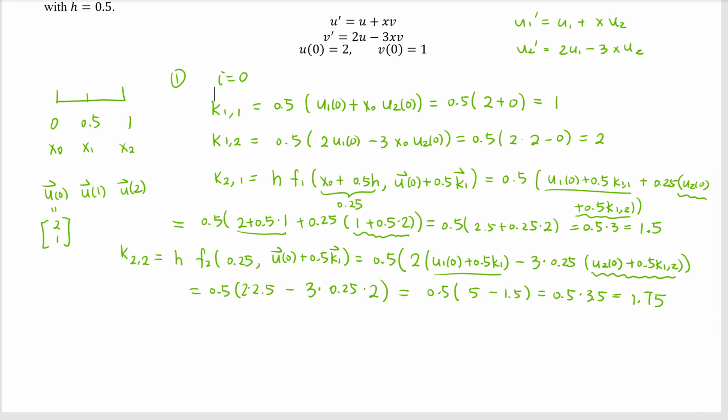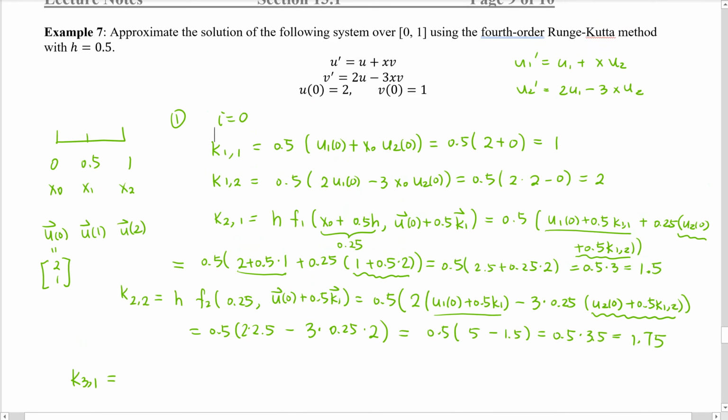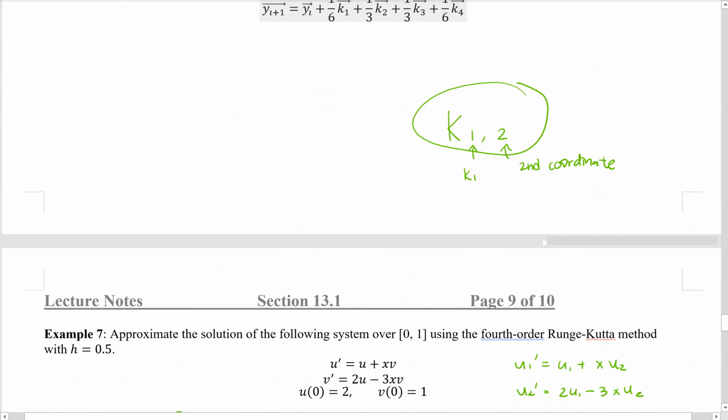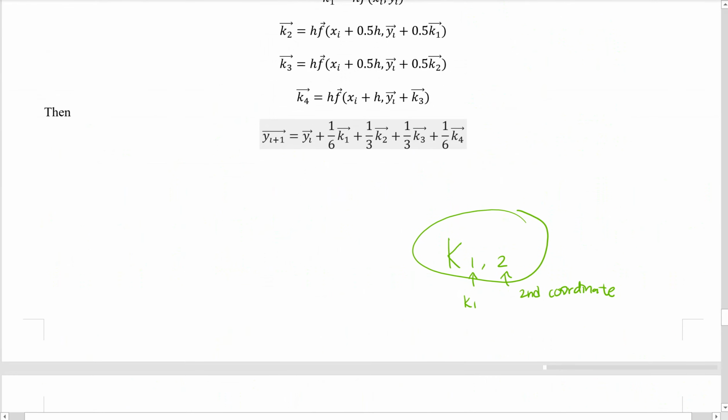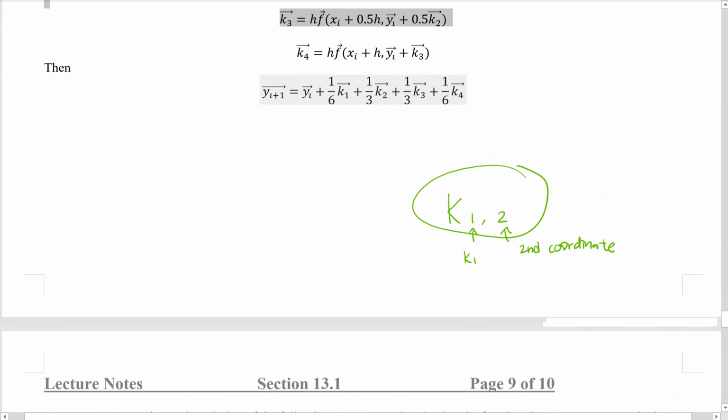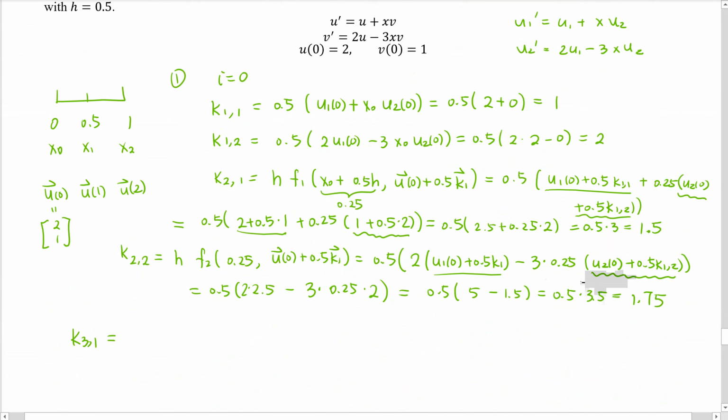Okay, and then we see this is only K2. We still have K3. Well, K3, what is the formula? It's similar with the K2, but just instead of K1, now we have K2. So it's similar as before. Let me use a different color.